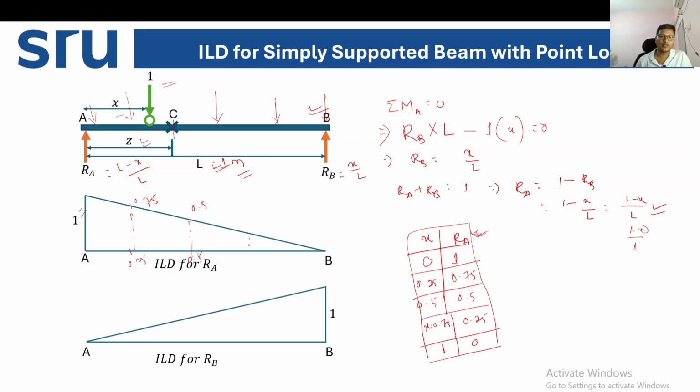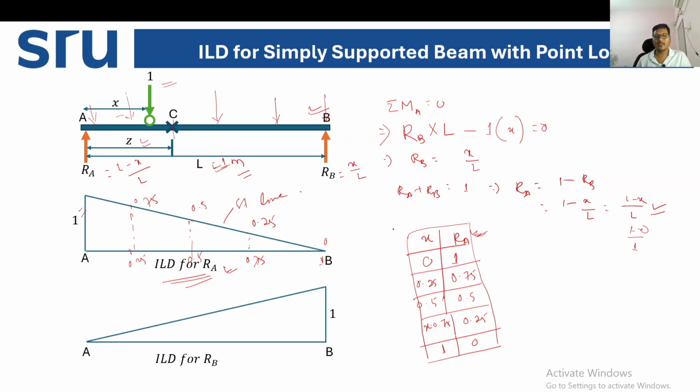At X is equal to 0.75, your ordinate will be 0.25. And X is equal to 1, so this is 0. If you connect those points, it will be a straight line. So now this is nothing but your influence line diagram for reaction at A.